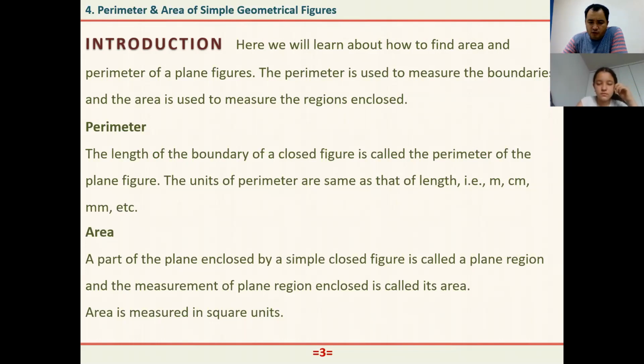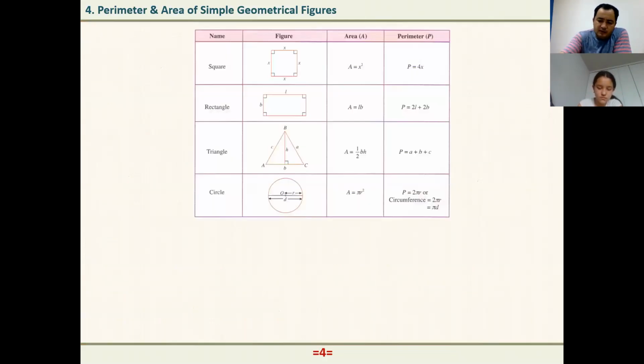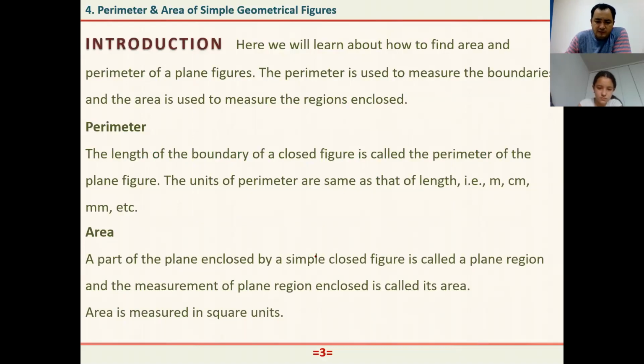If you want to know the length of this boundary, that means we are talking about the perimeter of that figure. And how about the area? Area is a part of the plane enclosed by a simple closed figure. It's called a plane region. For example, the surface of your table, the wall, the lake are all examples of plane figures.